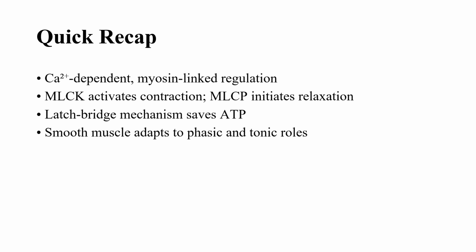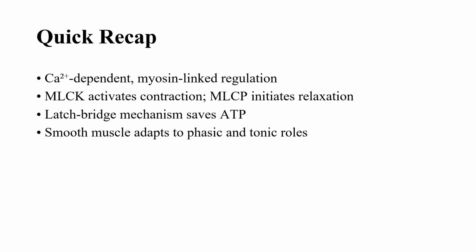The muscle's exceptional energy efficiency comes from the Latch-Bridge Mechanism, which maintains force with very little ATP. This allows smooth muscle to sustain long-lasting graded tension. These same molecular processes support two major functional patterns: phasic activity, with quick rhythmic contractions, for example in the gut, and tonic activity, which is prolonged tone seen in blood vessels and sphincters.